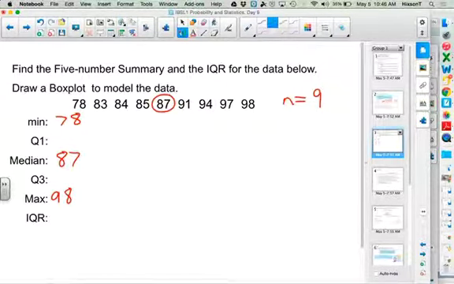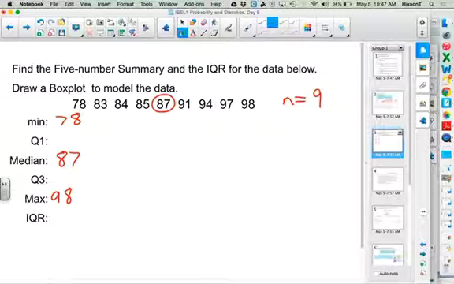All right. When you're getting your lower quartiles and your upper quartiles, make sure you're finding the median of just the lower half.